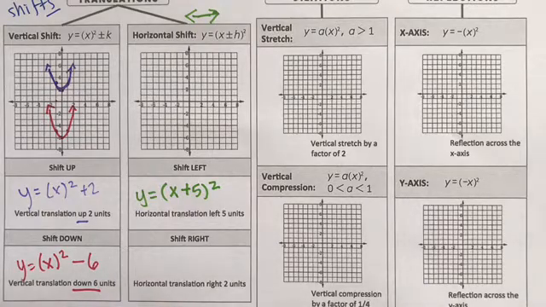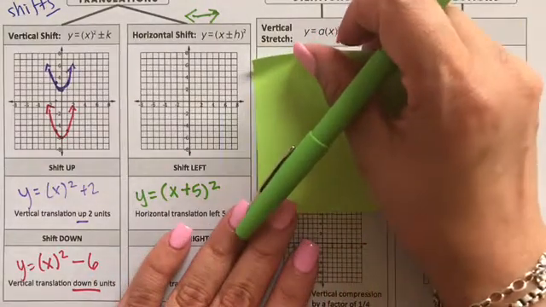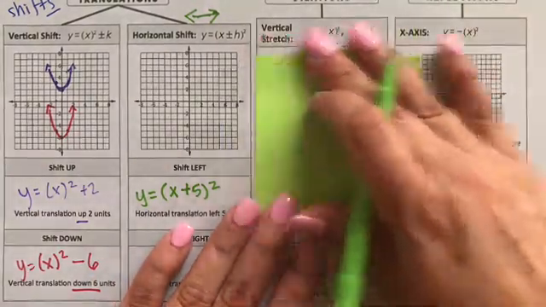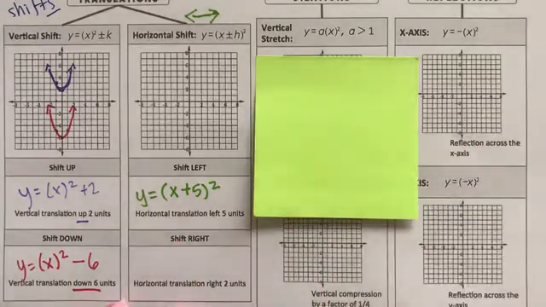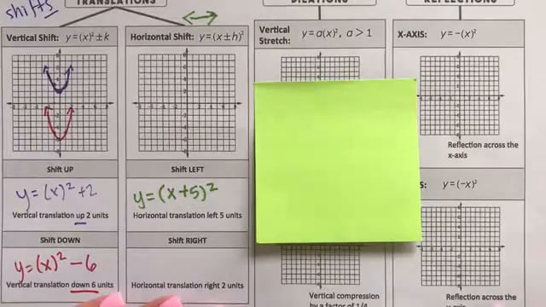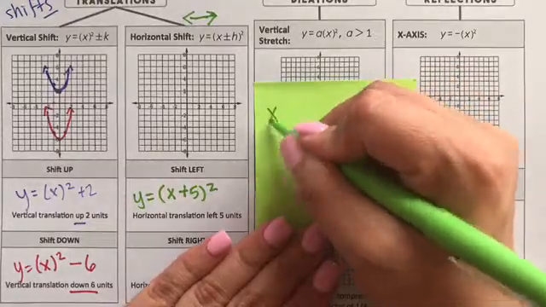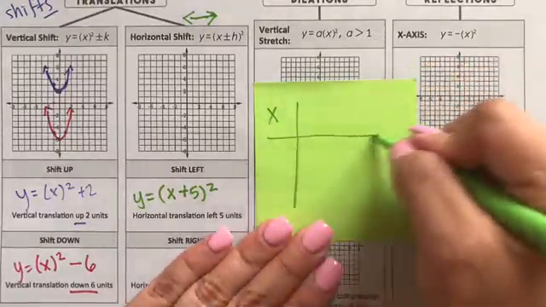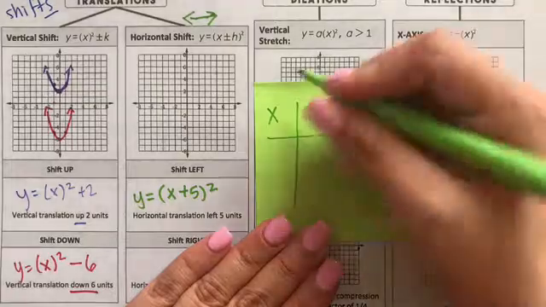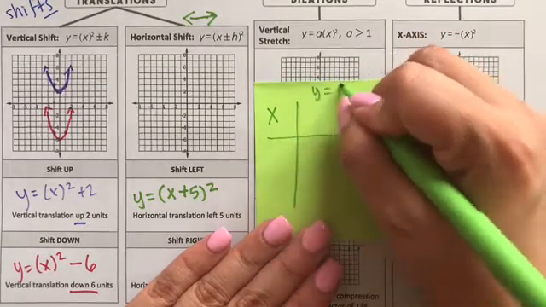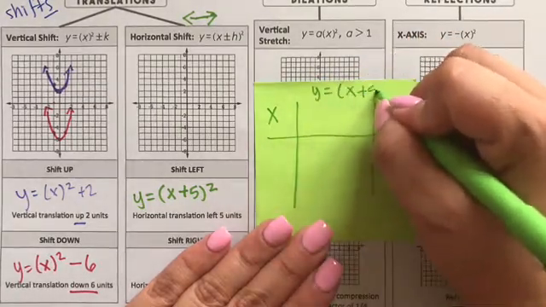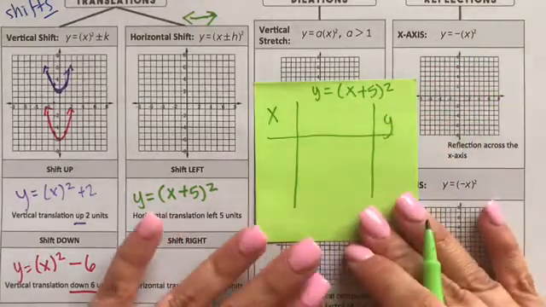Let's go ahead and make the table to graph it. It's x and y, and our function is y equals (x plus 5) squared.